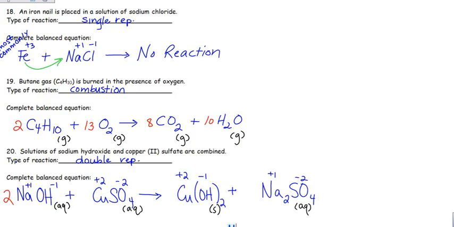The most important thing to know is that it's positive. So the iron would like to switch with sodium, and according to the reactivity series, that cannot happen. Iron is less reactive than sodium. If you get good enough that you can tell just by looking at the original sentence, you don't have to write formulas. You can just tell me no reaction.